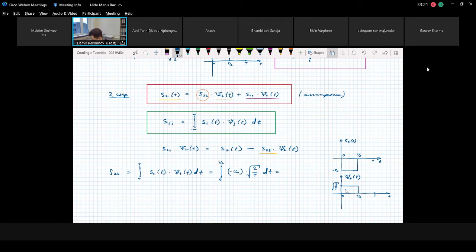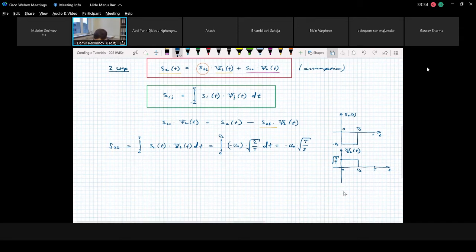And as a result, we get that this cross correlation equals u0 times square root of T/2. And now, next step, we need to find explicitly what's the value of S22 times psi2 of t as the difference between the second signal and a weighted version of the first basis function. So I'm going to plot the second signal.